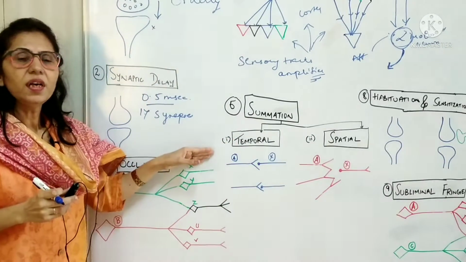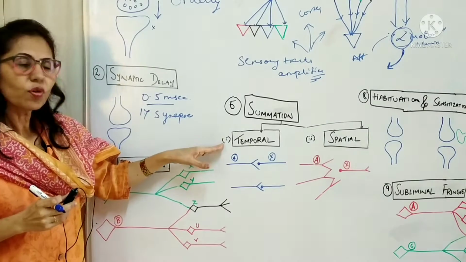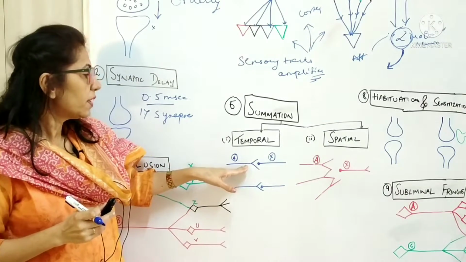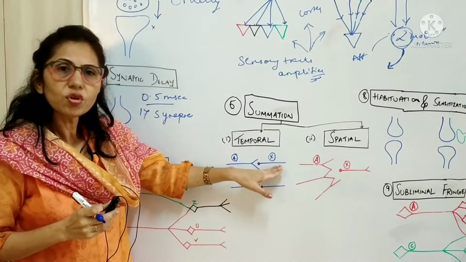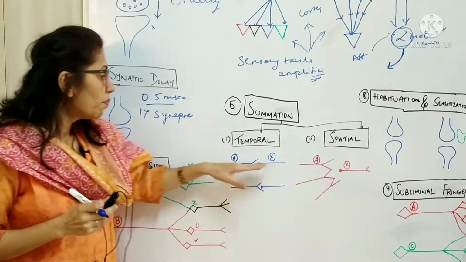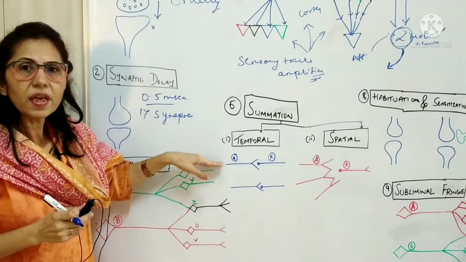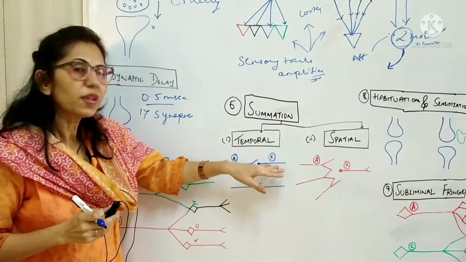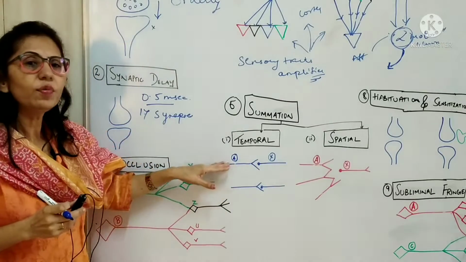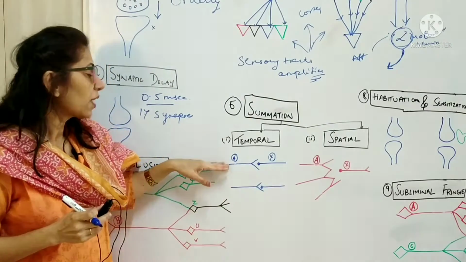Then coming to the temporal summation. Again, one single presynaptic neuron does not generate sufficient potential in the neuron X to cause an action potential. But if you stimulate the A neuron repeatedly, what will happen? The EPSP which was generated by the first stimulus will be added to the subsequent stimulus. But what is the condition?